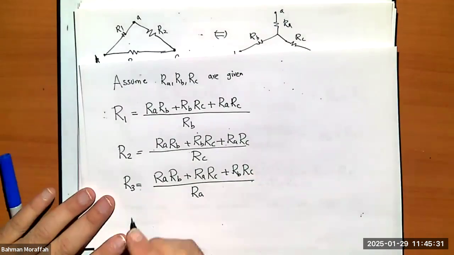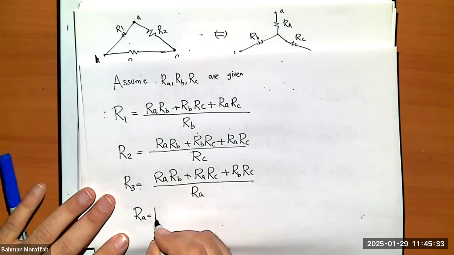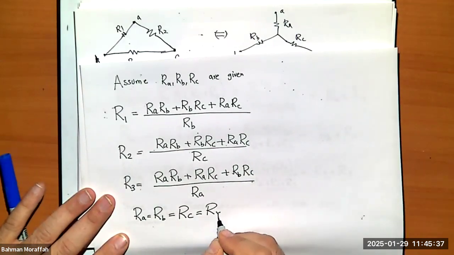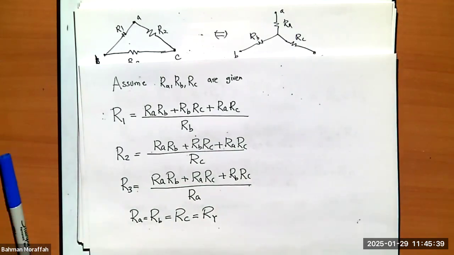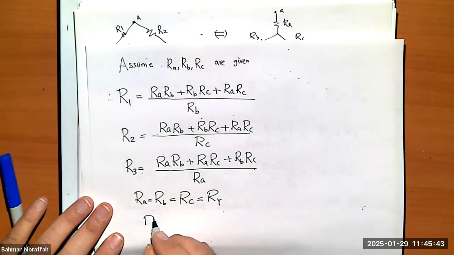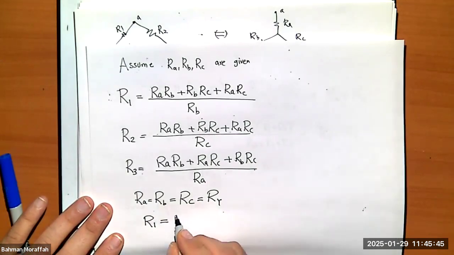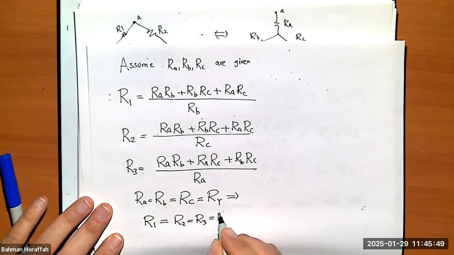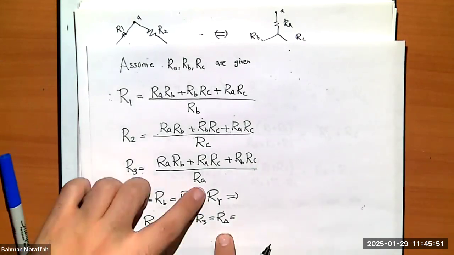What happens if RA is the exact same as RB, is the exact same as RC, and equals RY? What is R delta? First of all, I know R1 is the same as R2, is the same as R3, and that should be R delta. But what is R delta in terms of RY?